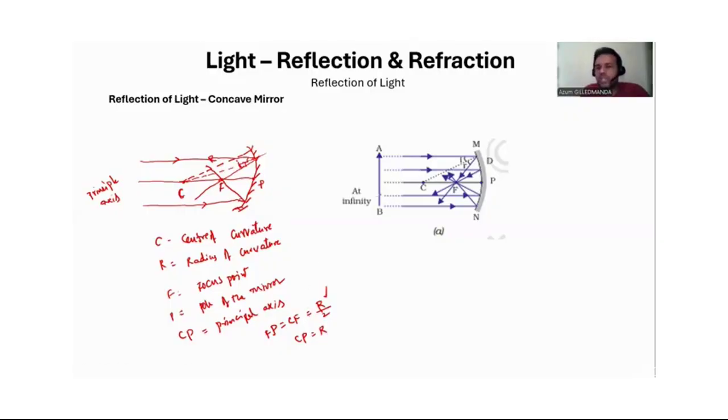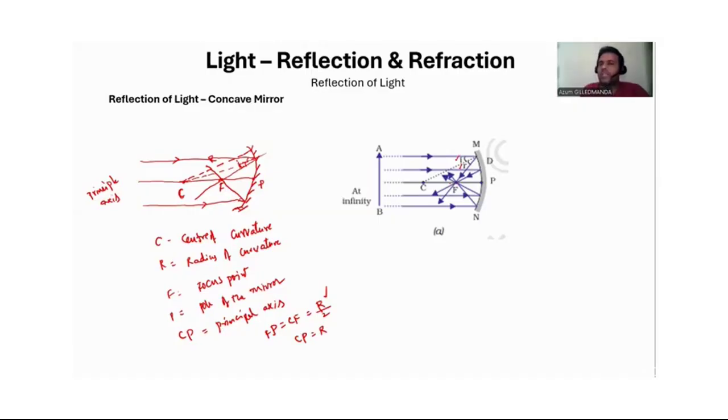Okay. So if you see an object is at infinity, there is an object AB here. For example, a man is standing very far from the mirror, at the infinity position. Then a parallel beam of light falls onto the concave mirror, and every ray, if you see here, this is the angle of incidence and this is the angle of reflection, going through the focus point.